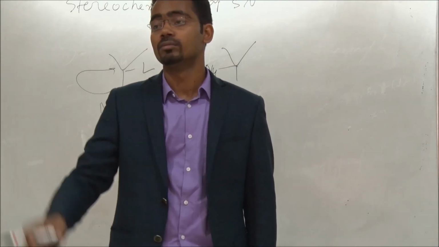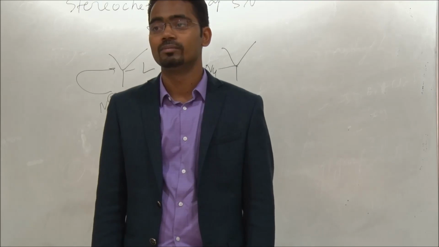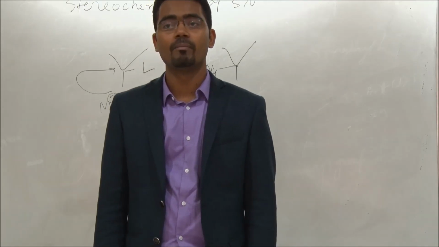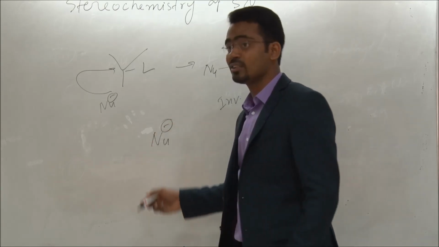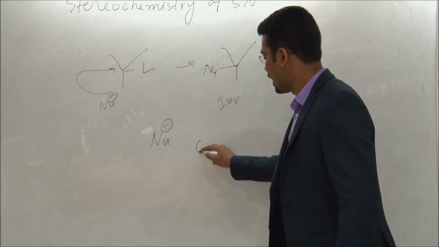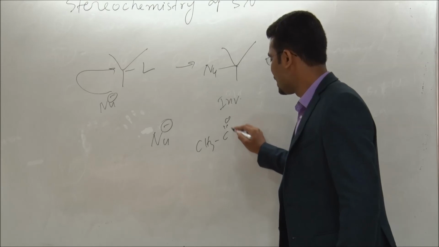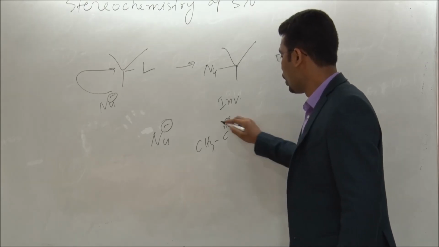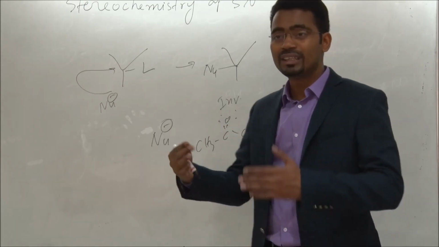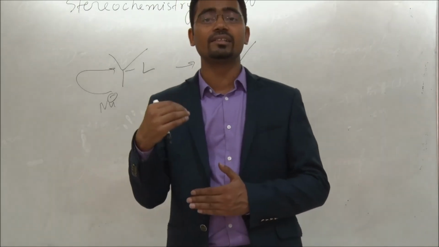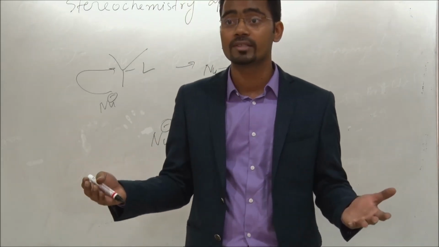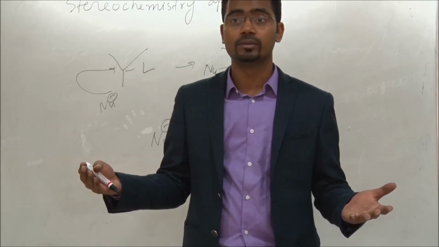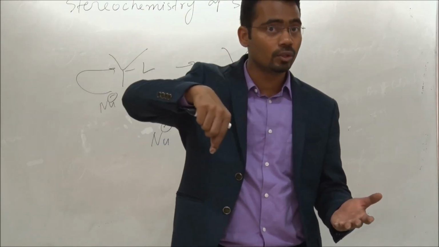Tell me how? Because the nucleophile has either a negative charge or a lone pair. If you take acetone, it also has a lone pair. So with electronic repulsion, it increases the nucleophilic strength, because acetone is the solvent and the nucleophile is soluble in that acetone.